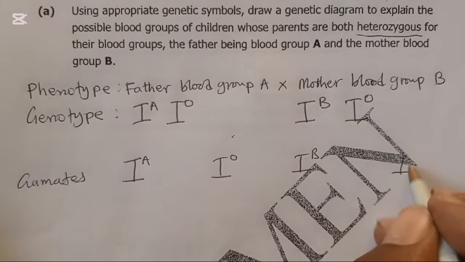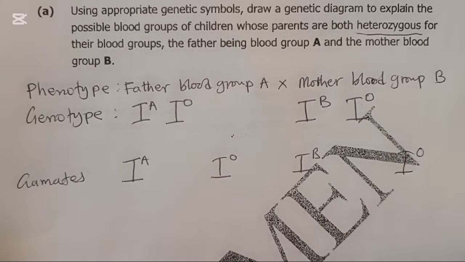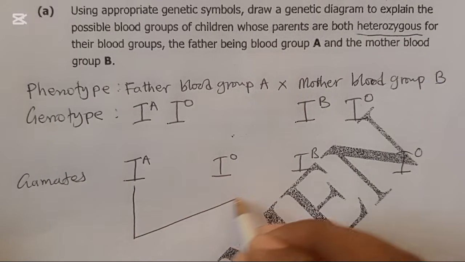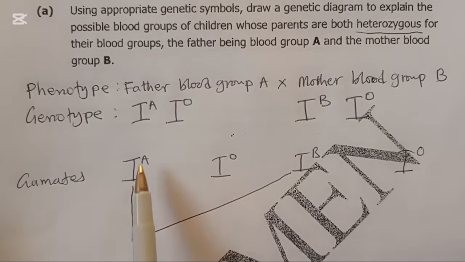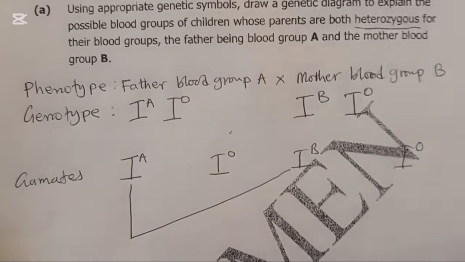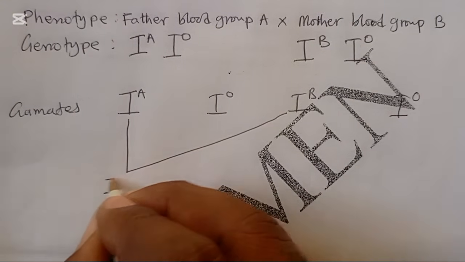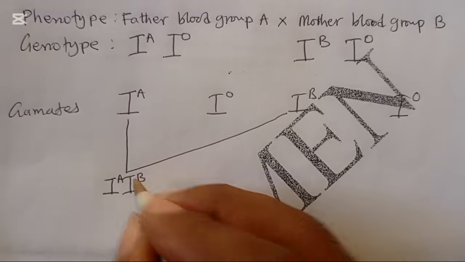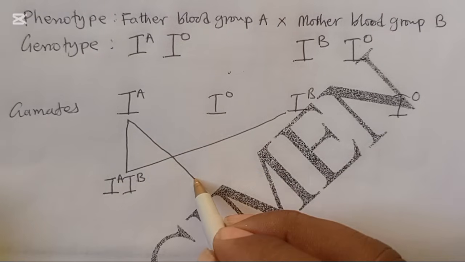So we cross. So this goes with that. So what we have, it is A, B. Now this goes with this.